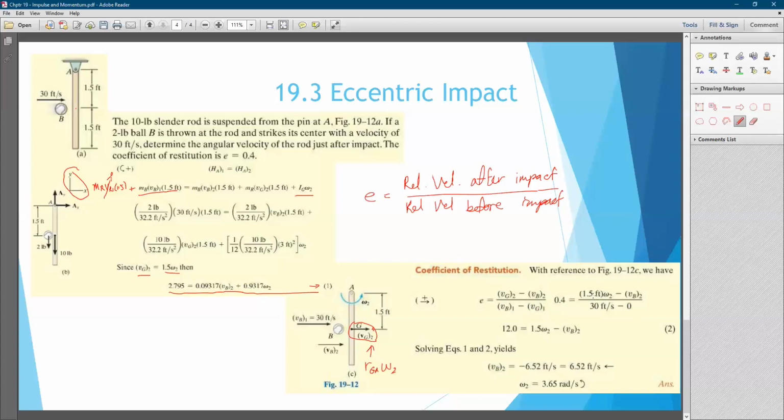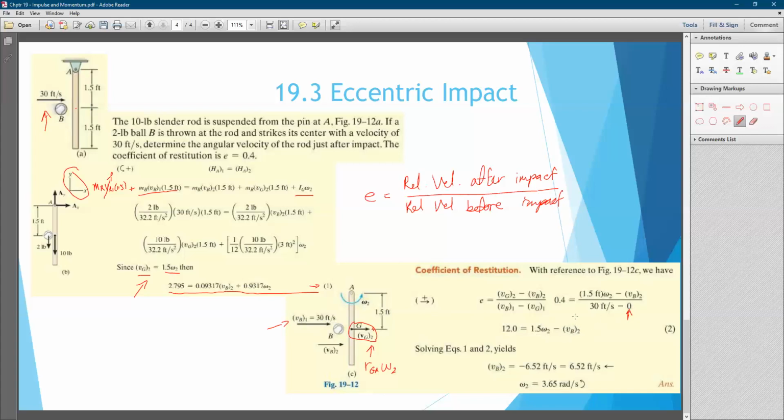For this rod, we know Vg2 is given here as 1.5 omega 2, minus VB2, divided by VB1, which is given here as 30 feet per second, minus the rod, which is initially at rest, so it is 0.